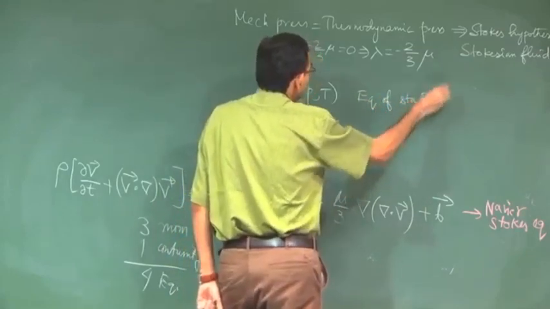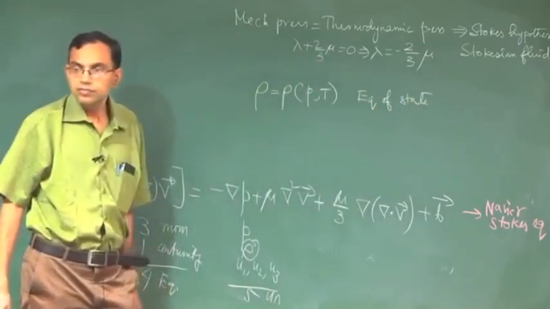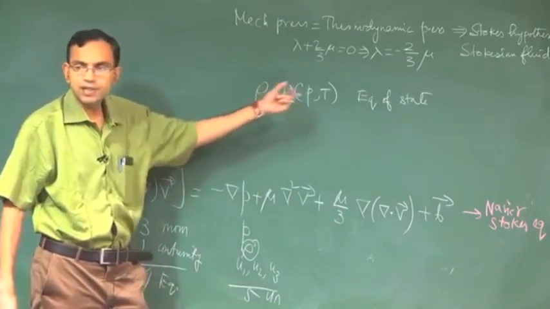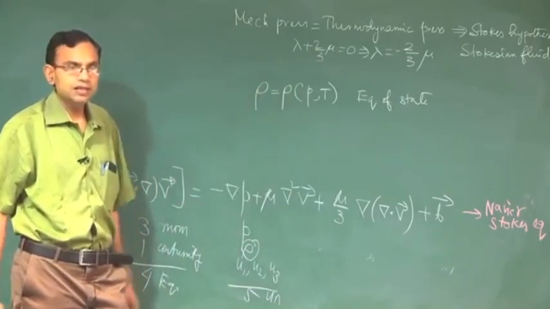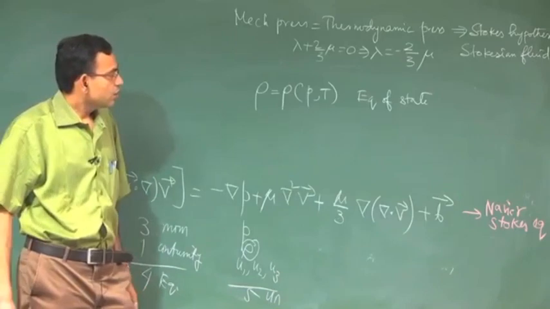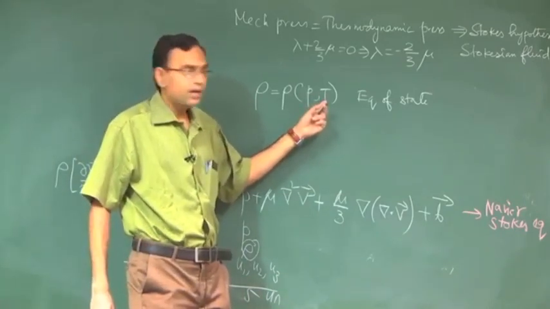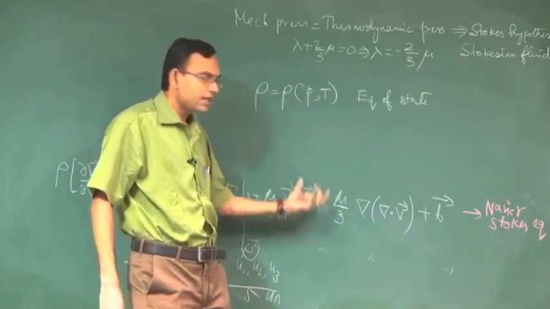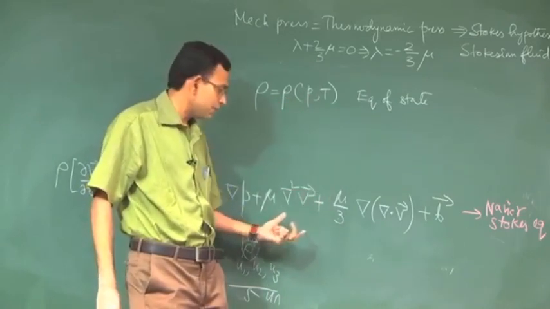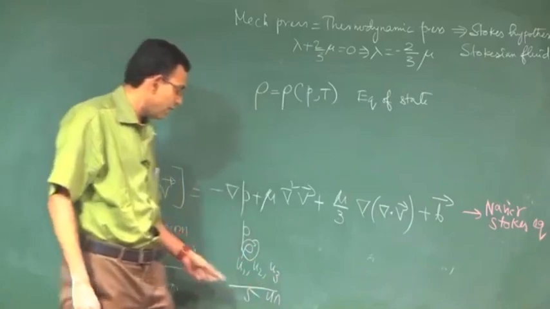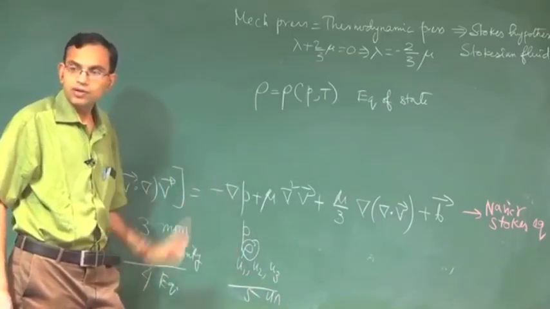For ideal gas, P by rho is RT. For a non-ideal substance it could be something else. So if T is constant or given, then this equation will give another relationship between P and rho. So then you will have 5 equations and 5 unknowns.